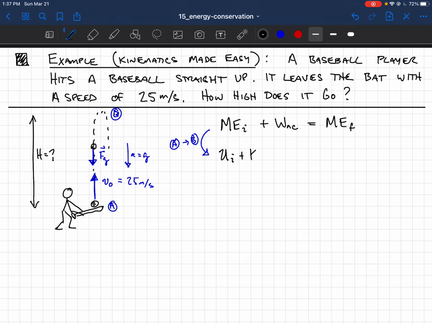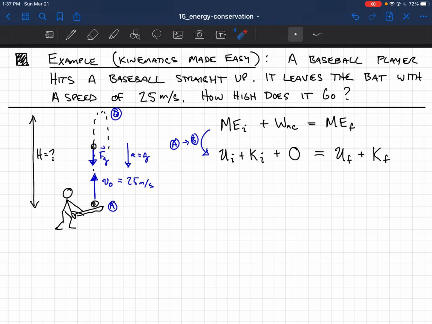It's going to be the potential energy initial plus kinetic energy initial. The work non-conservative, well, I only have the force of gravity acting. That's a conservative force, so there are no non-conservative forces doing work, so I have a 0 there. And then mechanical energy final is U final plus kinetic final.